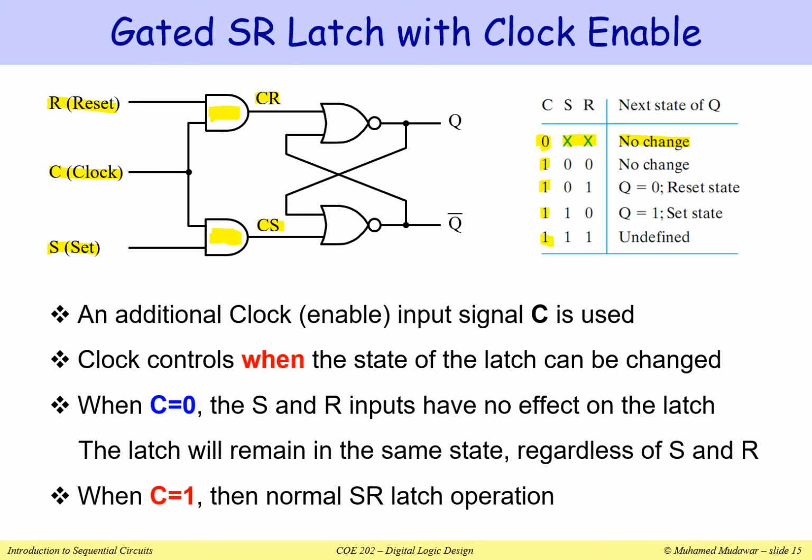So here clock is equal to 1, SR equal to 0, 0, there is no change in Q. 0, 1 means a reset operation, 1, 0 means a set operation, and 1, 1 means an invalid operation. So this is called a gated SR latch because we have added these two AND gates, and the clock here is used as an enable signal that will enable or disable the operation of the SR latch.